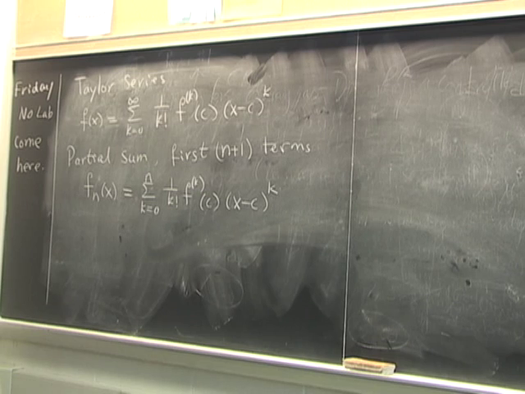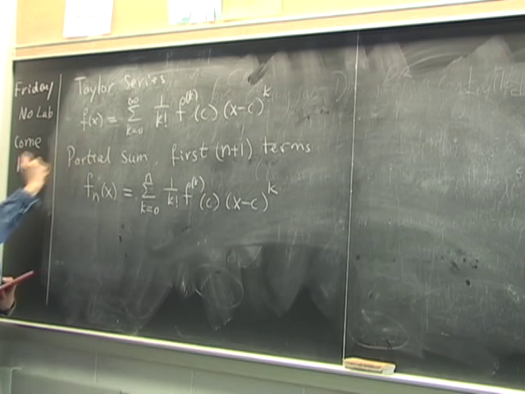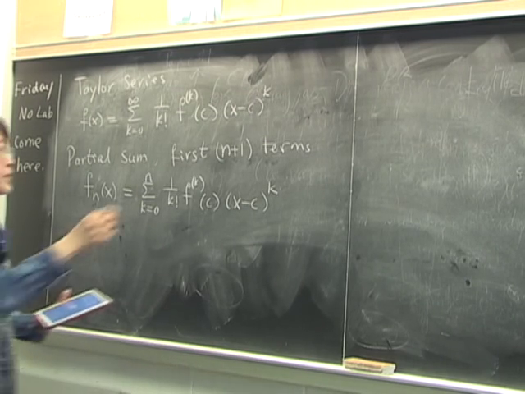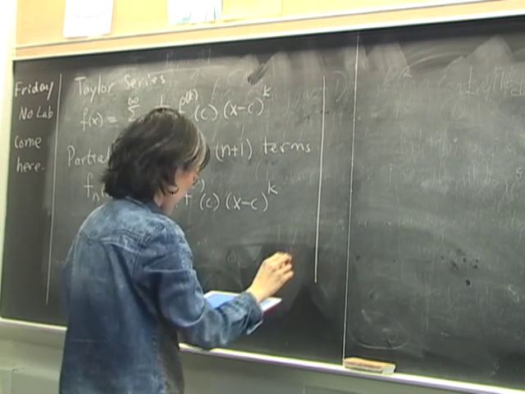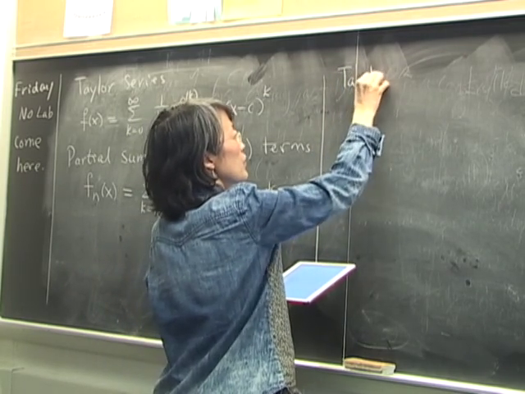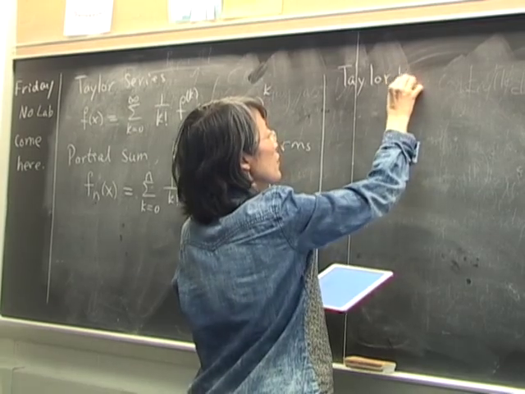I'll be interested in, if I use f_n to approximate f, how big is the error that I'm introducing? The error would depend on n. Let me give you one version of Taylor's theorem.